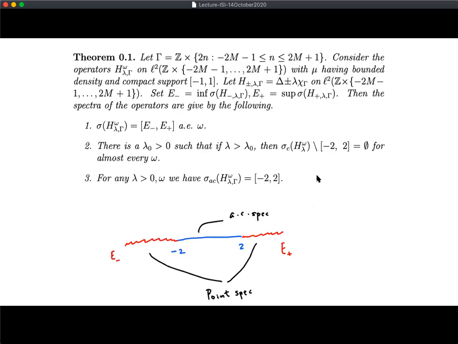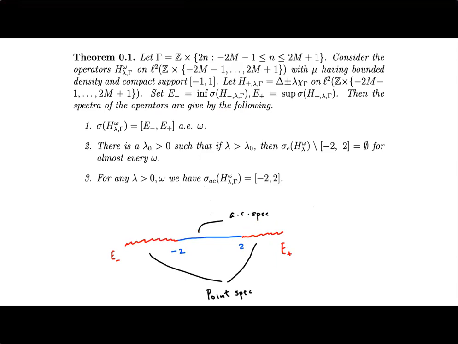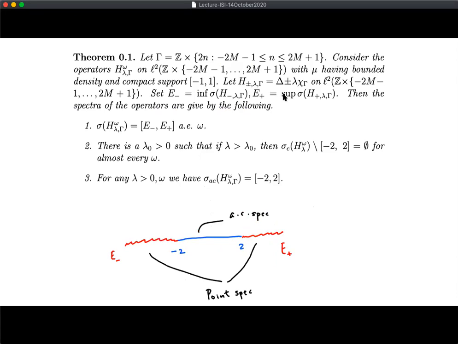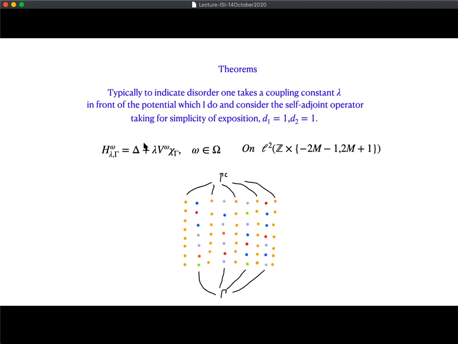So here is our first theorem, for the lattice waveguide. Let gamma be this set, as I wrote down earlier. In one direction it is Z, and in the other direction it's a finite set. Consider the operators H lambda, gamma, omega on this, with mu having bounded density. H lambda omega is just this operator, okay?